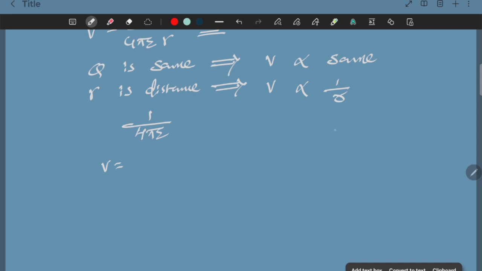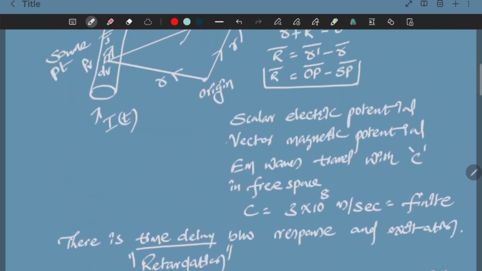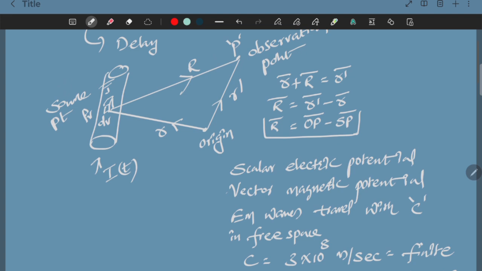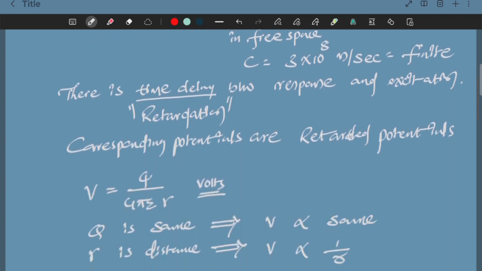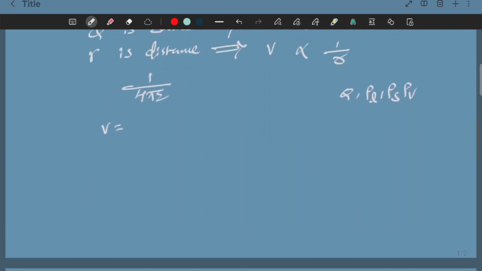So total charge I need to write. The charge configuration we know may be point charge, line charge, surface charge, volume charge. The diagram we have represented is the volume. Differential volume dV, within that one this differential volume charge density rho v is available. But how to get the overall charge? We need to do integration of that one.